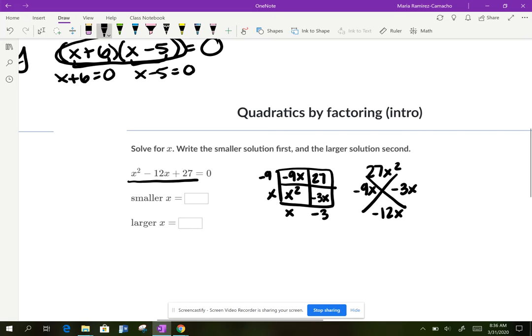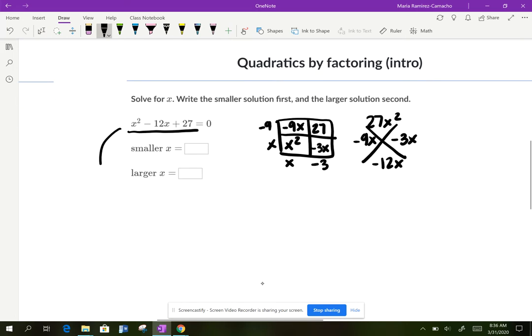Okay, so we can rewrite this now that we've factored it as x minus 9 times x minus 3 equals 0.